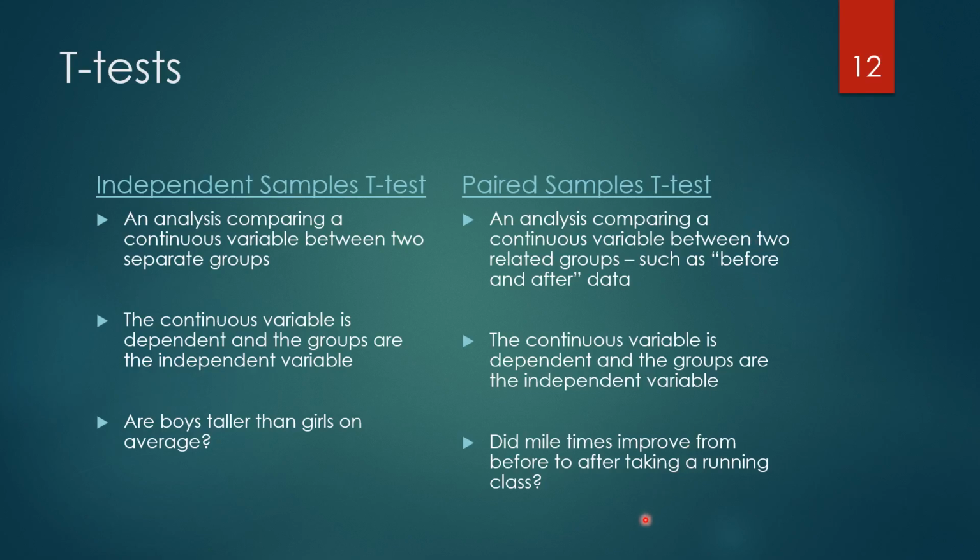So the question, did mile times improve from before to after taking a running class? You're gathering data from the same person before and the same person after taking a running class to see if they got better at running their mile. The reason that you need to do the two different types of analyses is that the math is different between the two, and I really don't want to go into them in more detail.